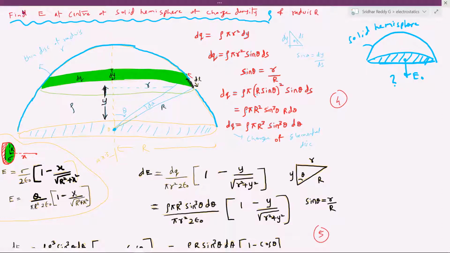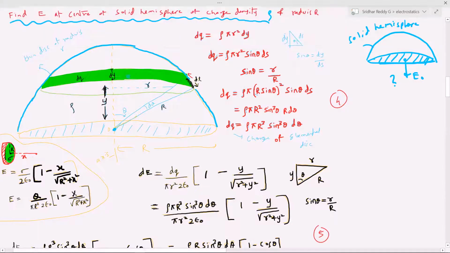For that, I'll assume that this hemisphere is made up of thin circular discs of thickness dy. Here, the width, let it be dl. So we are going to get a circular disc.